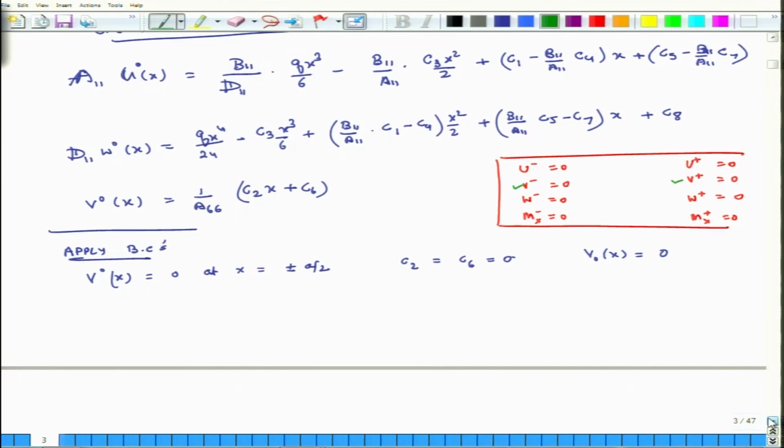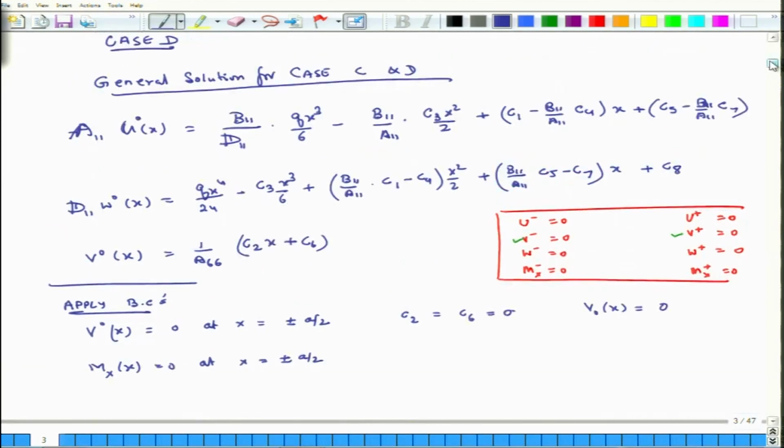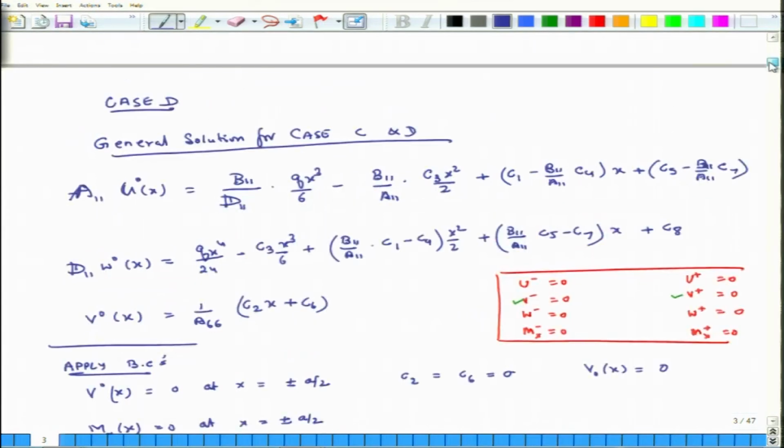So, the other thing is that Mx, which is a function of x, is equal to 0 at x is equal to plus minus a over 2. So, which means this expression. We will write 3 more expressions.